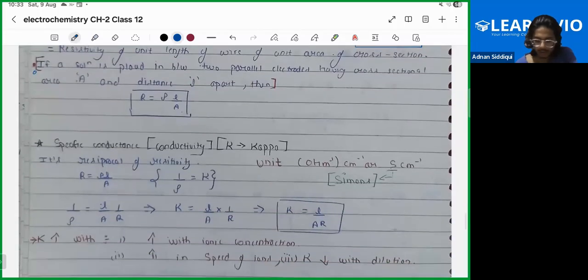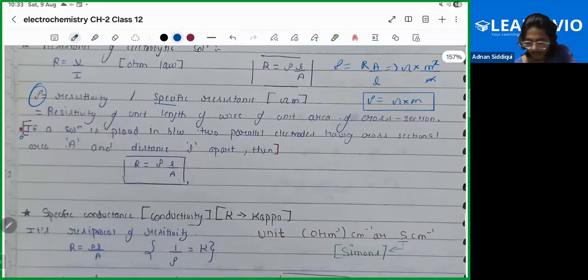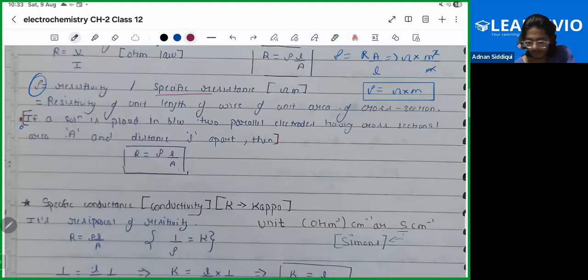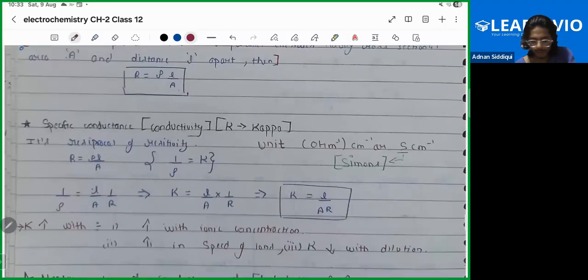Okay. So if this is specific resistance, what is going to be the specific conductance? We now have to find the specific conductance, or you can say conductivity, which is the opposite of resistivity, and it is shown by K. It is a symbol, basically kappa.